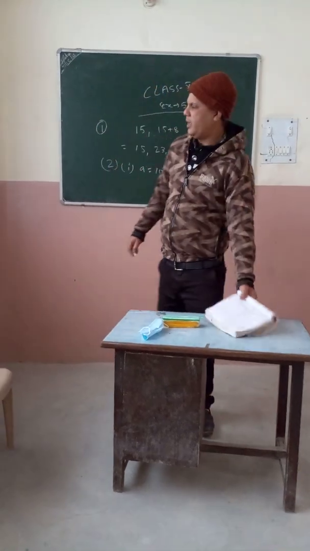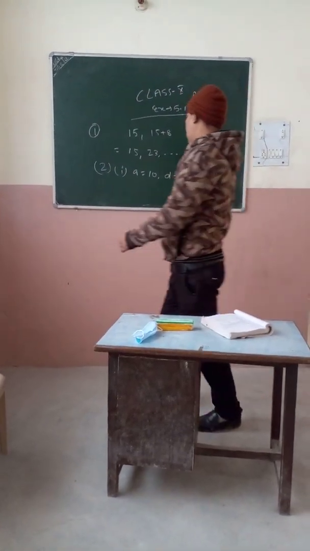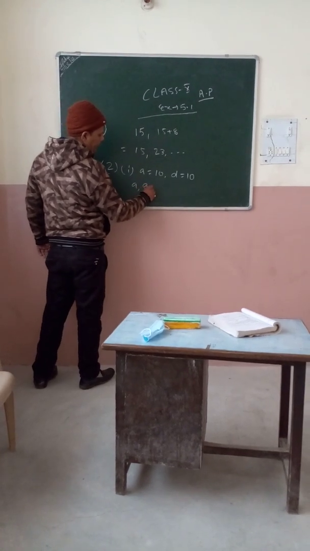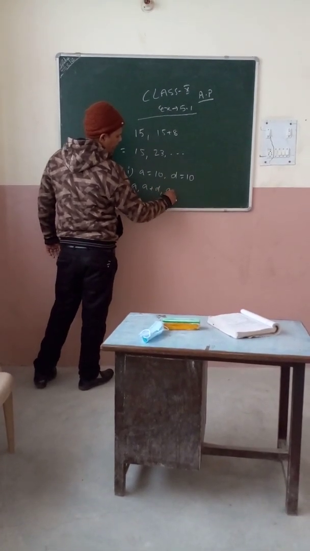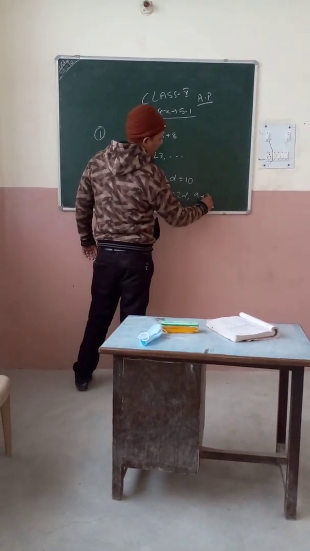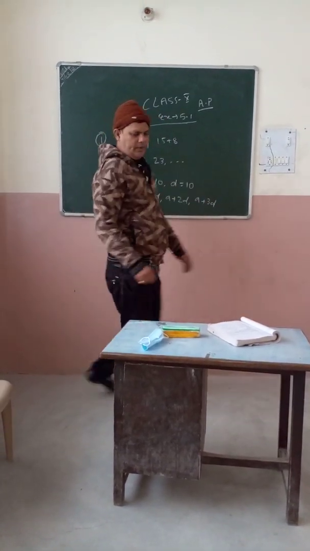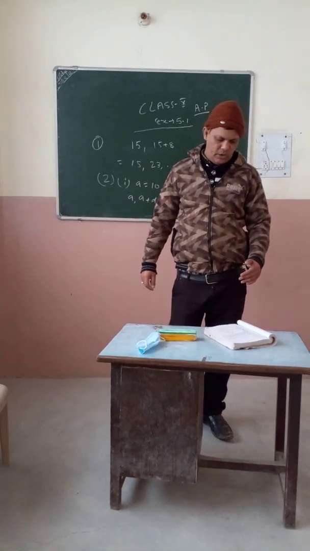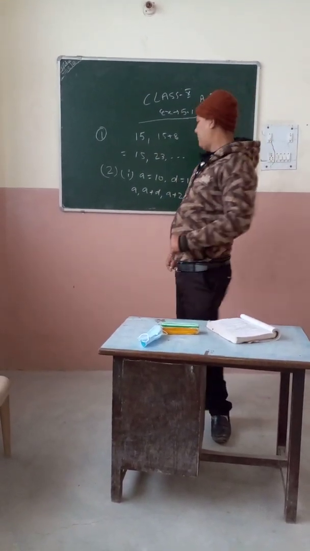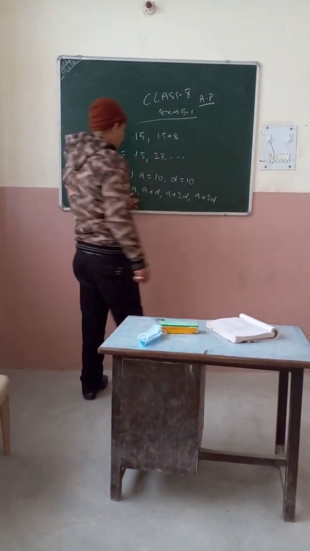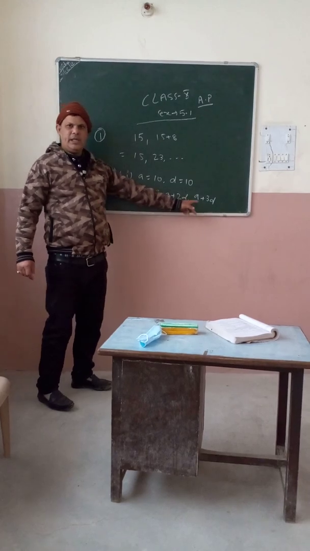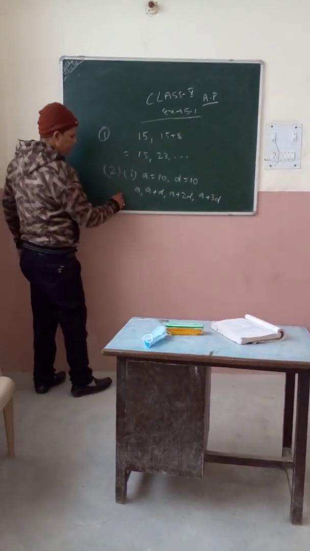So in AP, we have to write A, A plus D, A plus 2D, A plus 3D. How many terms do we have to write down? We have to write down the first 4 terms in AP.